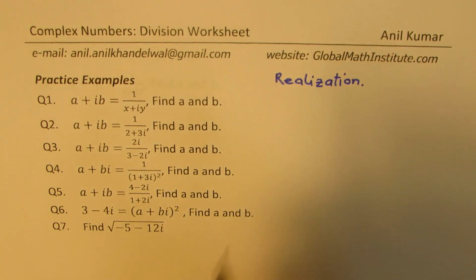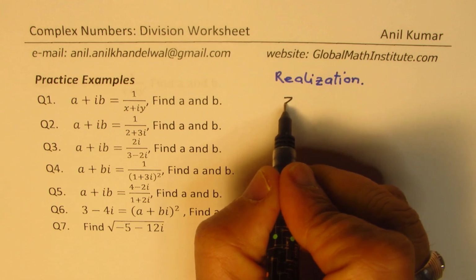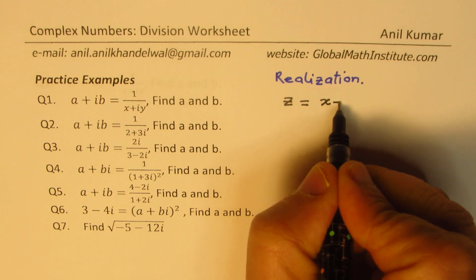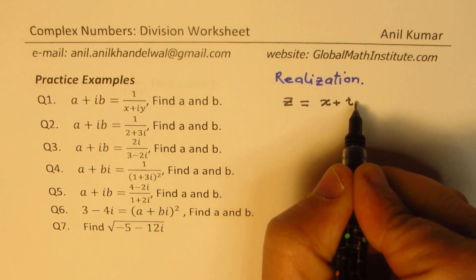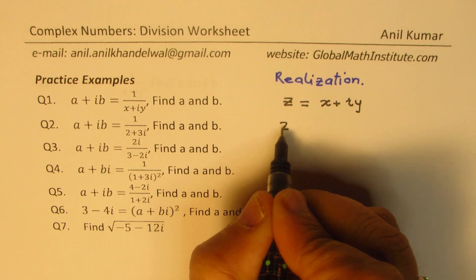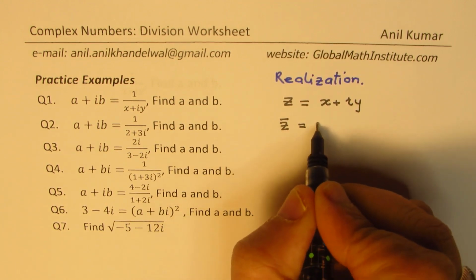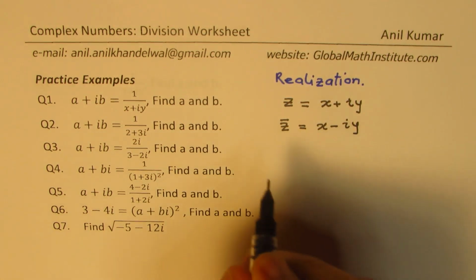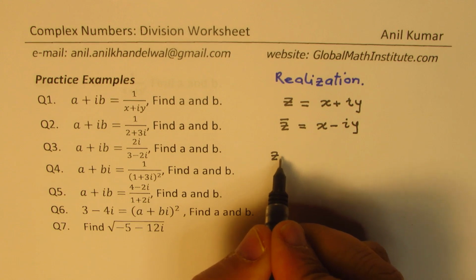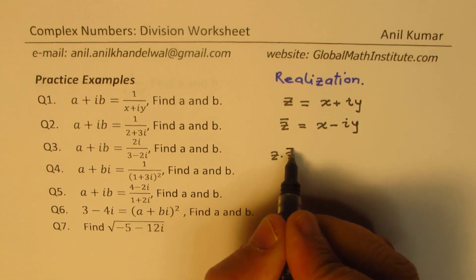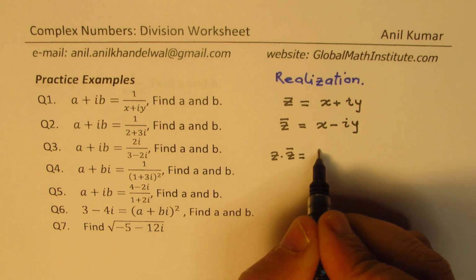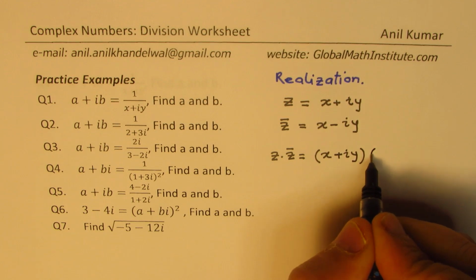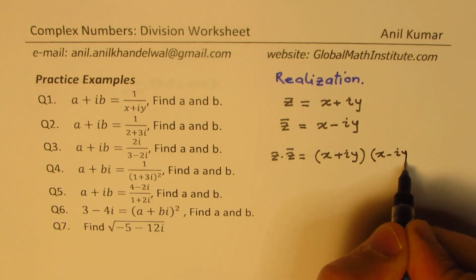How do we do this? If we know that a complex number z is equal to, let us say, x plus iy, then the conjugate of z can be written as x minus iy, right? And the product of the complex number z with its conjugate is what? Let's multiply and check it out. It is x plus iy times x minus iy.